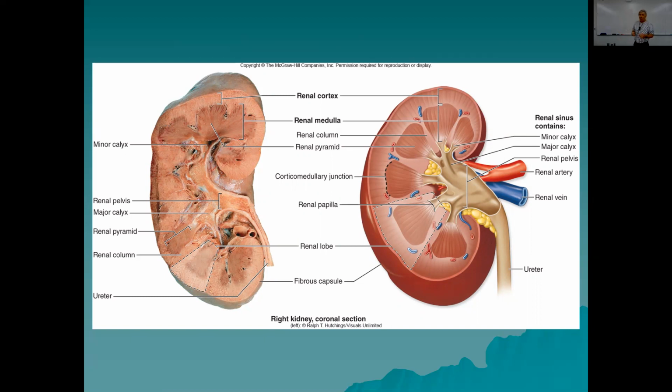And you'll learn the different parts of the nephron, and learn that some parts of the nephron are in the cortex, other parts of the nephron are in the medulla, in the medulla pyramids or the columns.